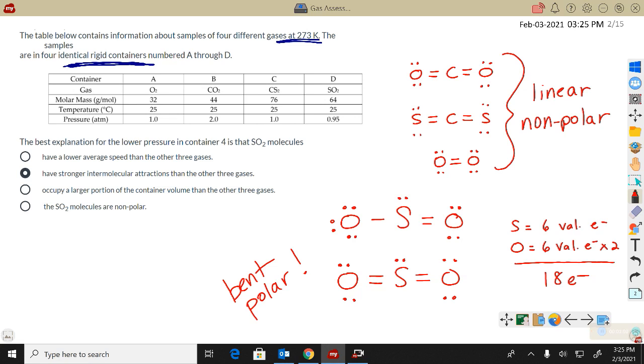Now, most of these gases are producing about 1 atmosphere of pressure.